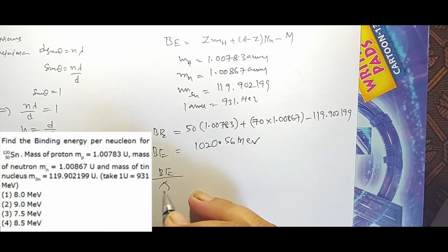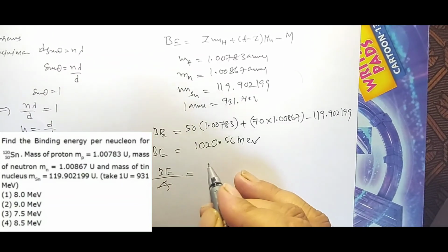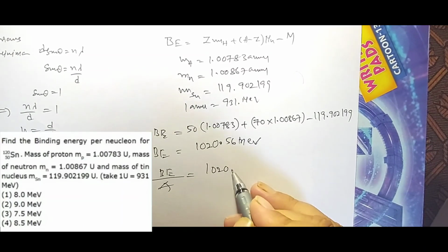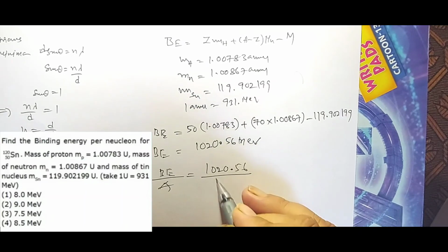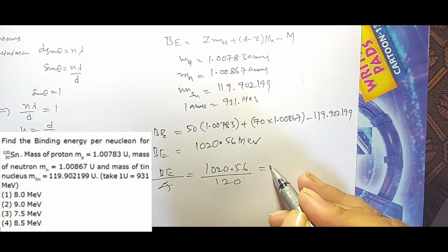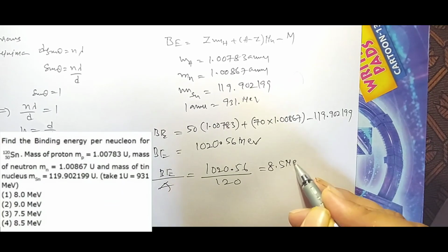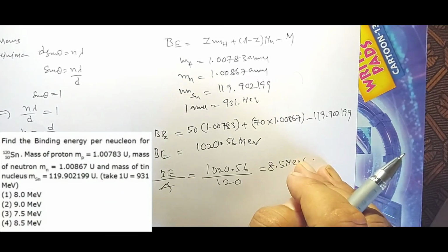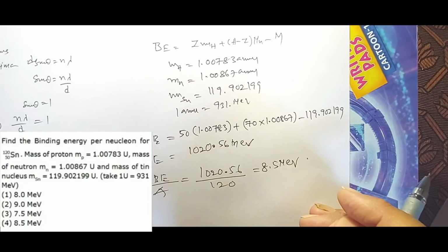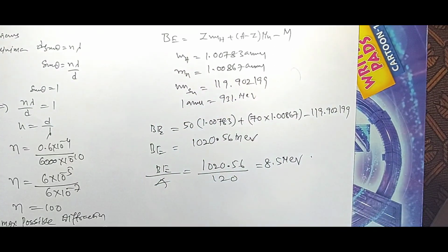Here we divide the binding energy by the mass number. 1020.56 divided by 120 is 8.5 MeV. So the option is the fourth option.